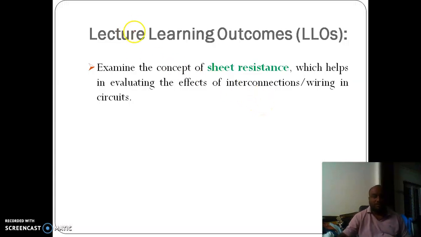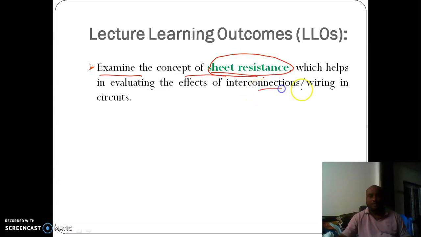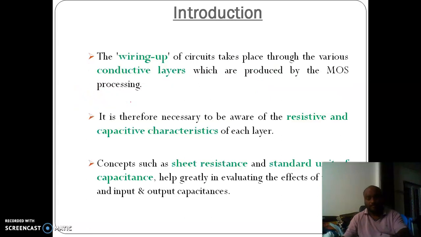After the completion of this lecture, you will be able to examine the concept of sheet resistance, which helps in evaluating the effects of interconnections or wiring in the circuits. So the wiring up of circuits takes place through various conductive layers in MOS processing.